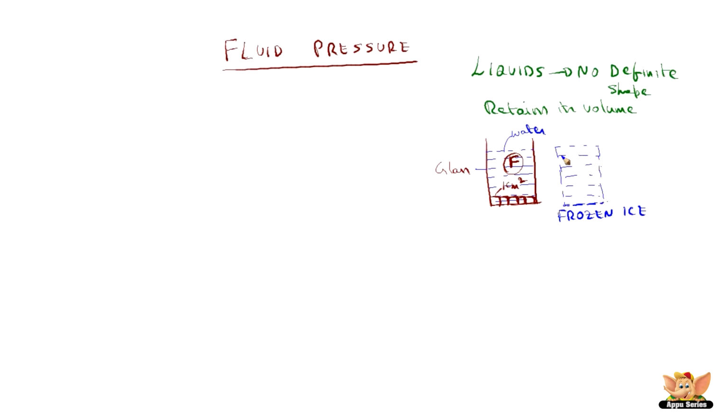The weight of the ice cube is nothing but the force, and that force is being exerted on the bottom of the ice. In both cases, the force gets distributed on the bottom of the glass or the bottom of the ice cube. So the ice cube is able to stand.